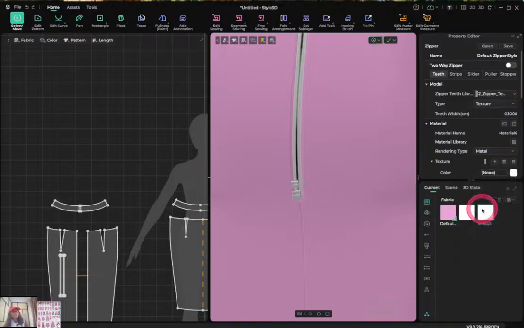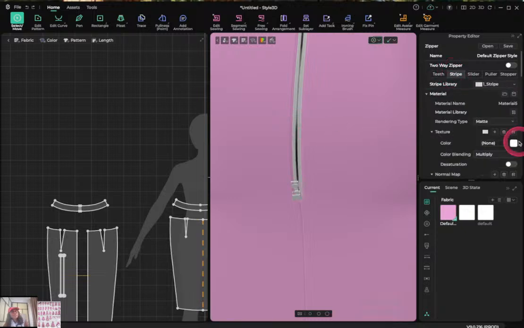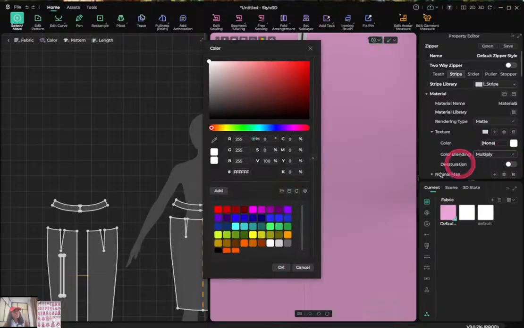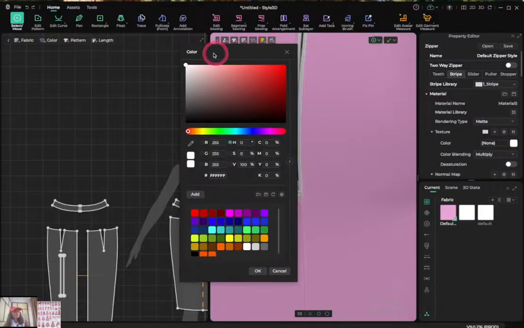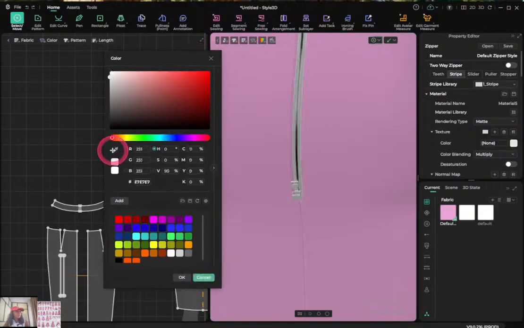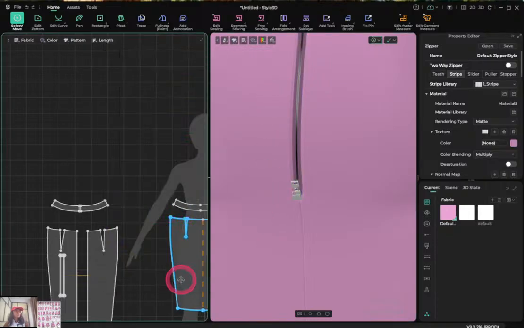So it will be metal, and then let's edit the stripe and make it pink like the dress, so that it's somehow invisible. So I'm going to pick the color from here, and okay.